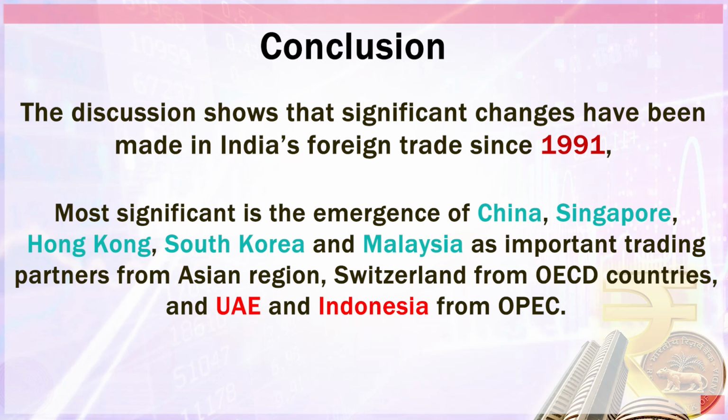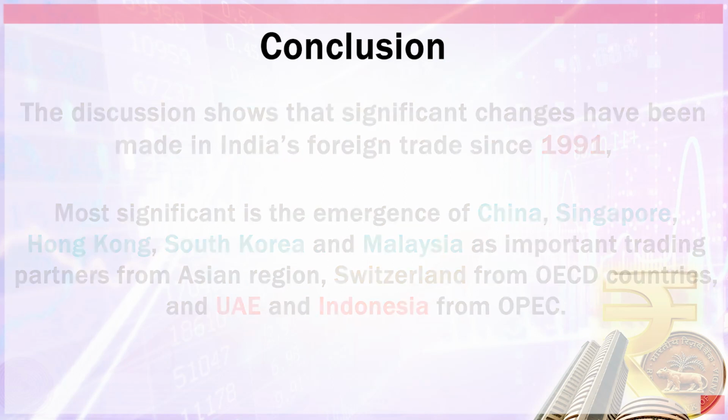Above all, most significant was the emergence of China, Singapore, Hong Kong, South Korea from the developing countries, Switzerland from the OECD countries, and UAE and Indonesia from the OPEC countries as trade partners of India.